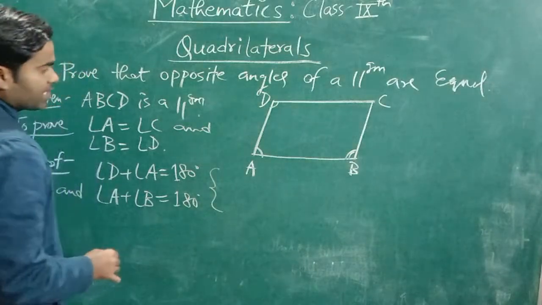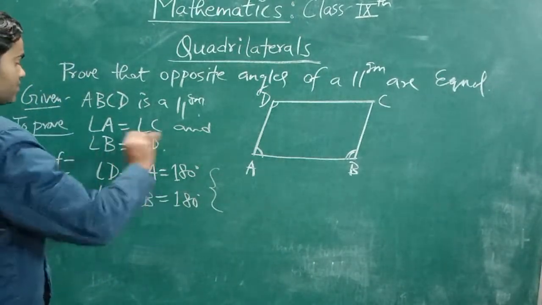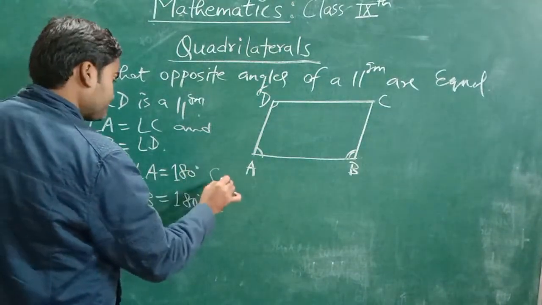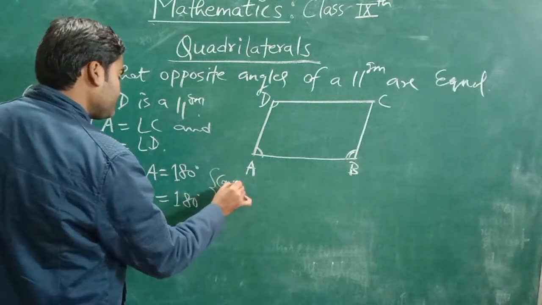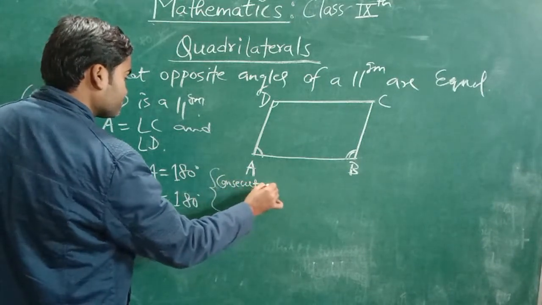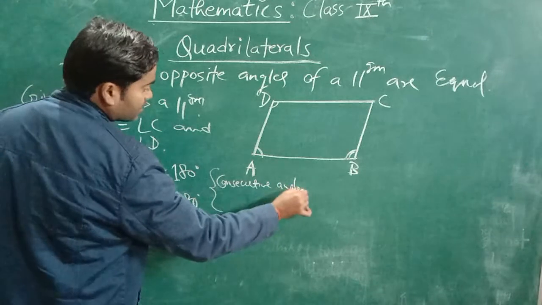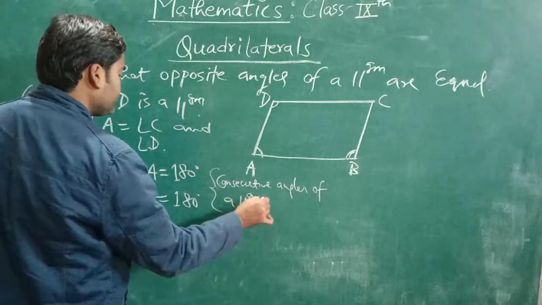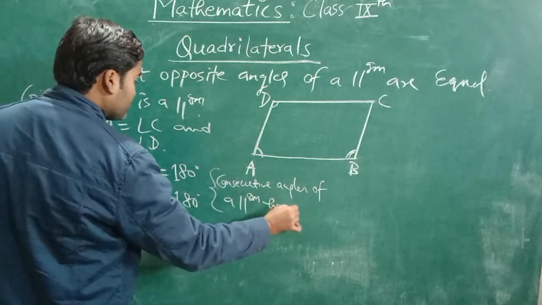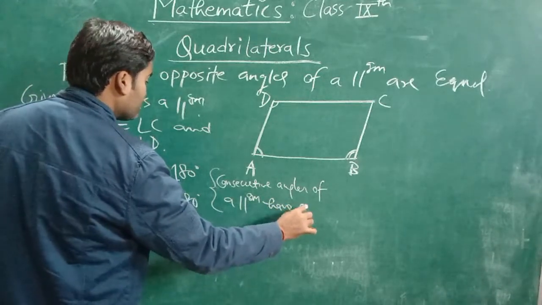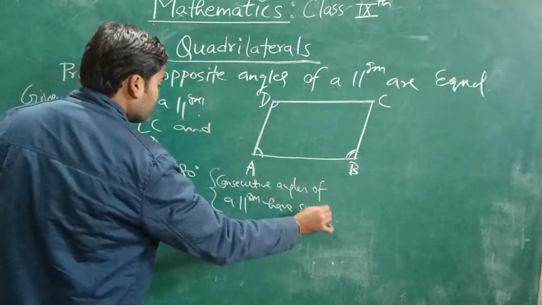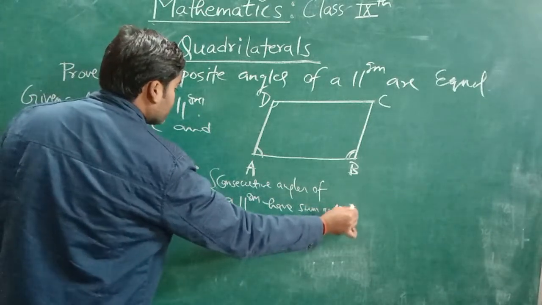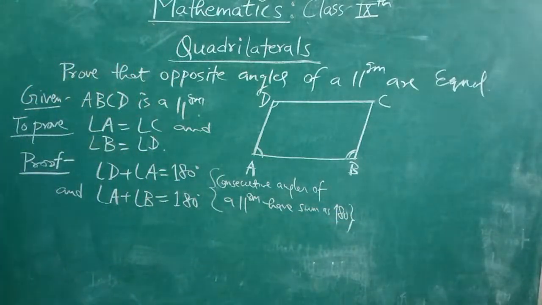So write down the reason for this: consecutive angles of a parallelogram have sum as 180 degrees.